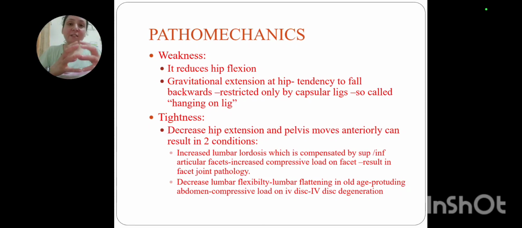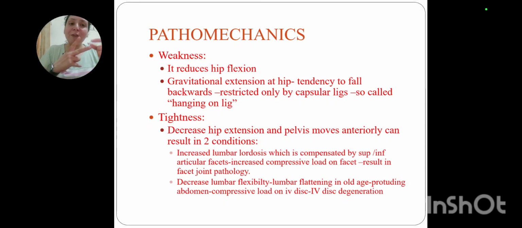The compression of the facet joint will increase, because the hip extensors are not working. So the hip is going into flexion, and the pelvis is moving anteriorly. There will be two conditions: the lumbar will go either into lordosis or into flattening. If it goes into lordosis, facet arthropathy takes place, because the facet joints go into compressive forces.